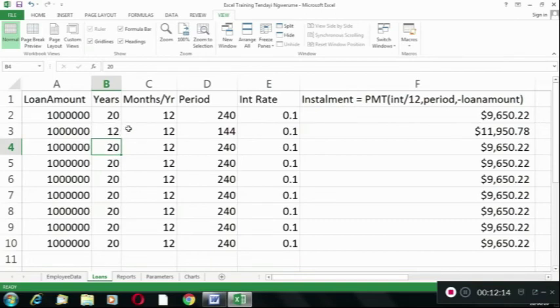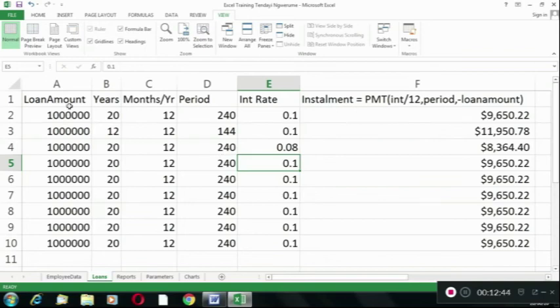I change the interest rate? If you got a bank, say with a better interest rate, let's go to this cell and say they have an interest rate of 0.08, which is 8%. It gives us now an installment of 8,300. You see, so you need to know which of these columns you can change in a what if.